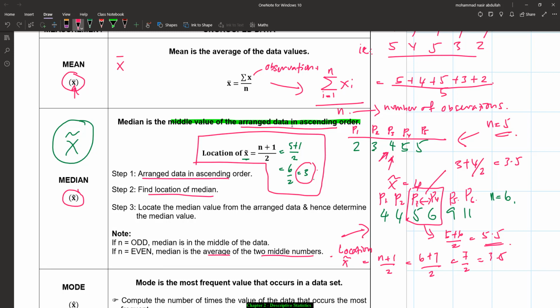So this is a brief explanation of the definition of the median. I hope you understand the median value. So how do we interpret the median?